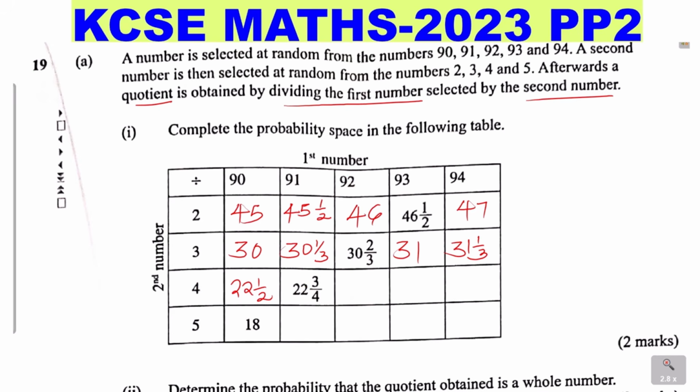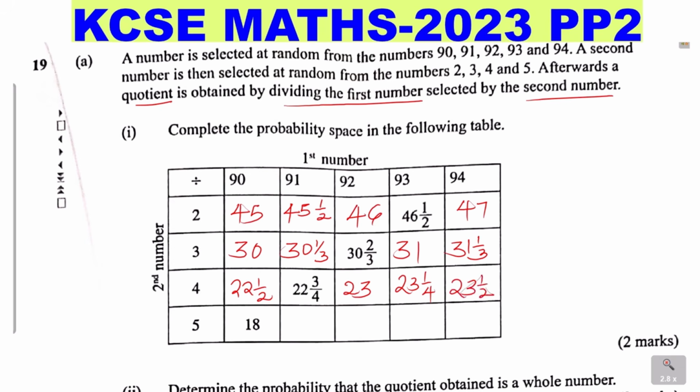That would be 23. 93 divided by 4, we write the answer here to be 23 and a quarter. Then lastly, 94 divided by 4. Write the answer here, 23 and a half.